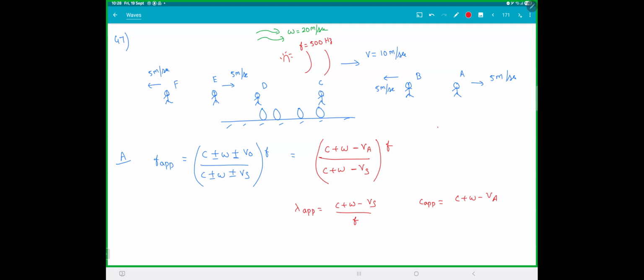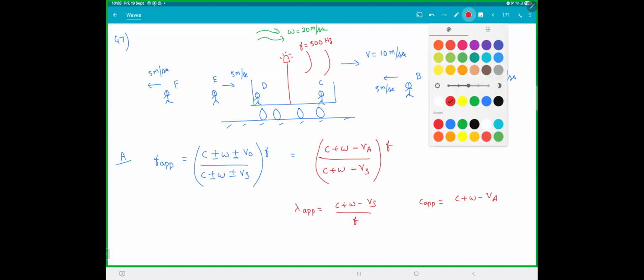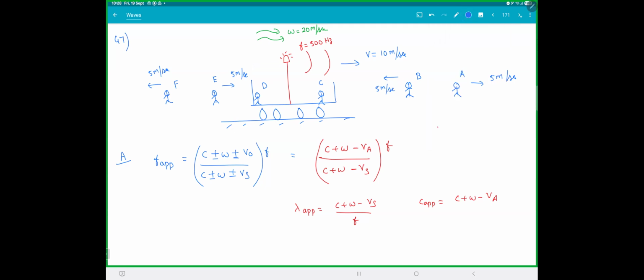Maybe I should have given it like this, I guess. There's no roof on the bus. You got the point.